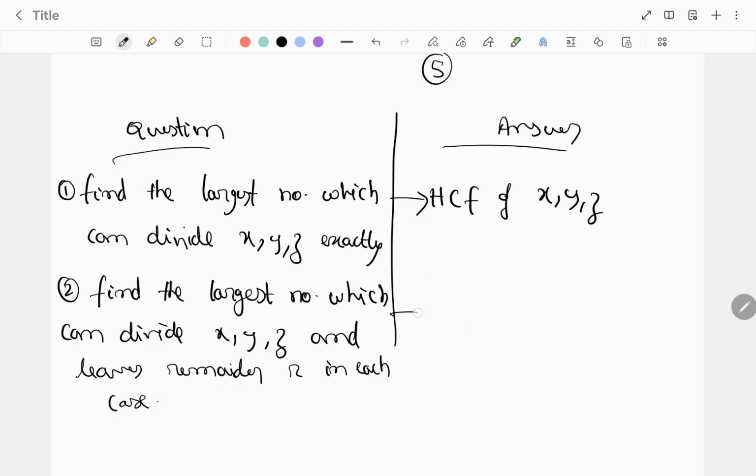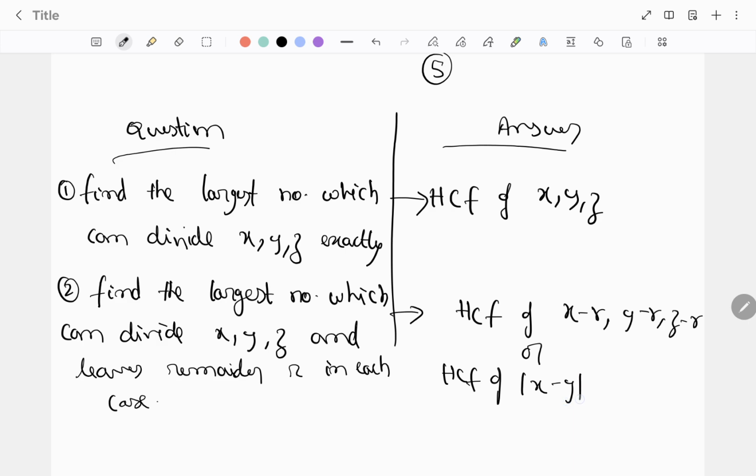Answer: HCF of x minus r, y minus r, z minus r, or HCF of modulus of x minus y. Why? Because we don't know whether x is greater than y or y is greater than x. So it should be positive, or otherwise z minus x.